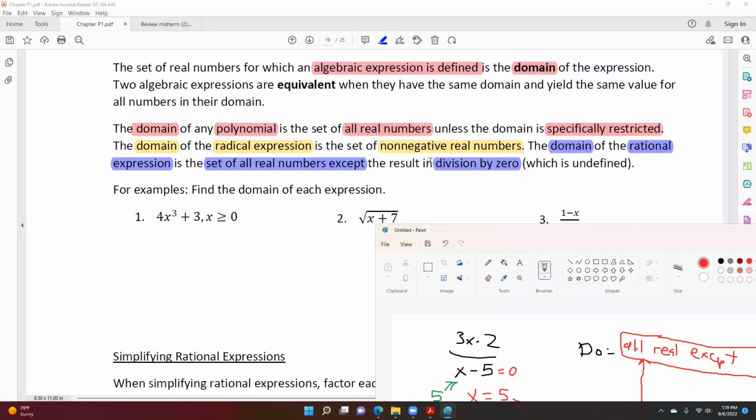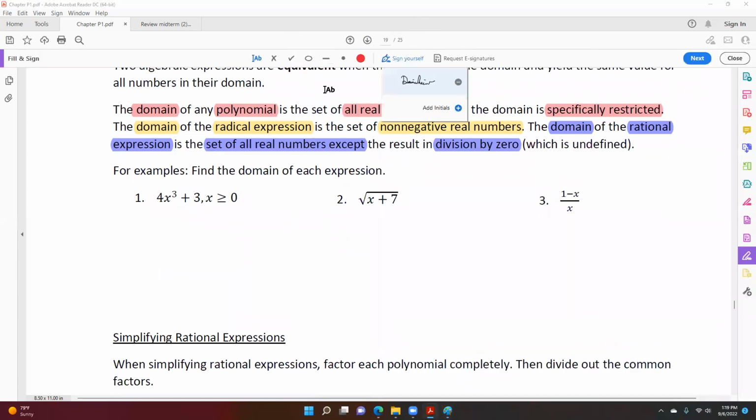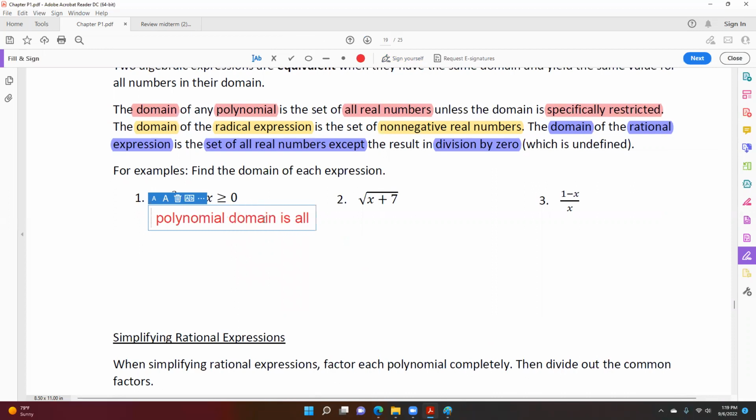Okay, so we do some quick examples. The first example asks what is the domain for this expression. For the first one, we know this is what we call a polynomial. Usually for polynomials, the domain is all real numbers.